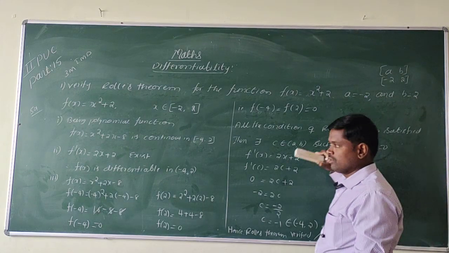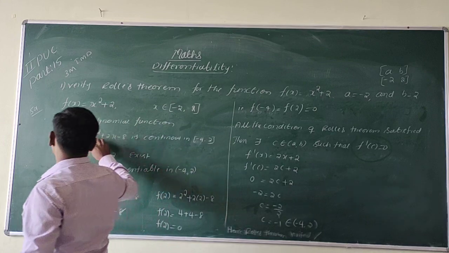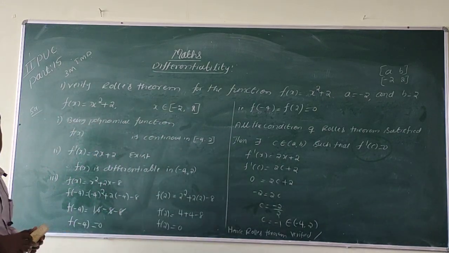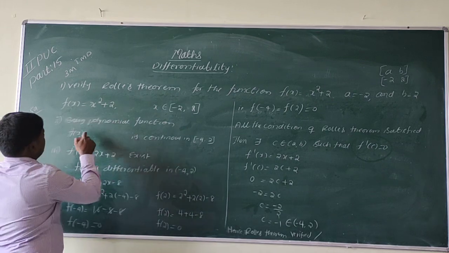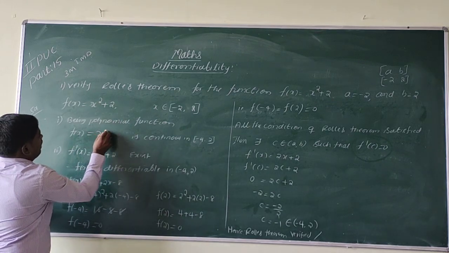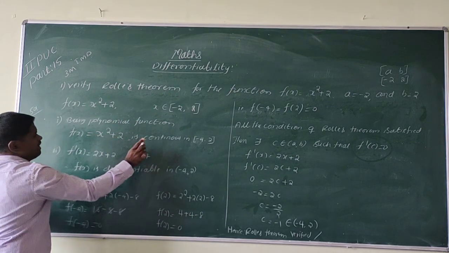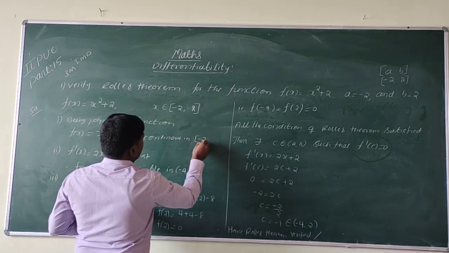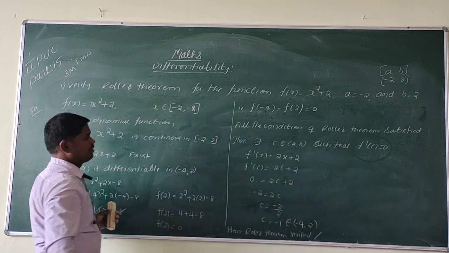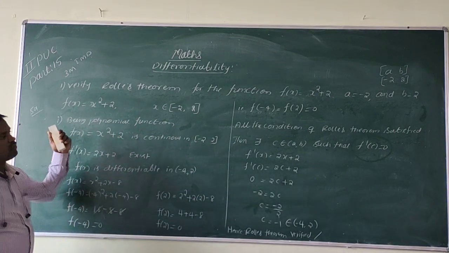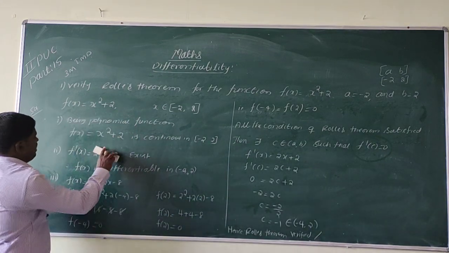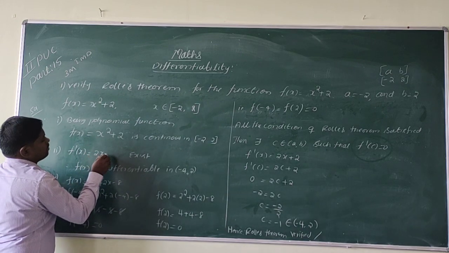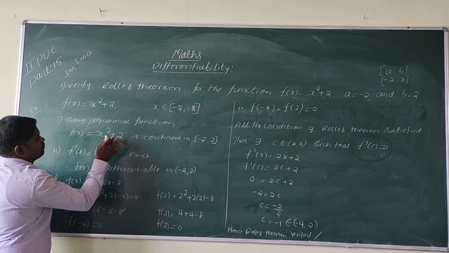Okay, so first one, yes, it is a polynomial function. So being a polynomial function, f of x is equal to x square plus 2 is continuous in minus 2 comma 2. Similarly, differentiate this function: f dash of x is equal to 2x plus 0, differentiation of 2 is 0.